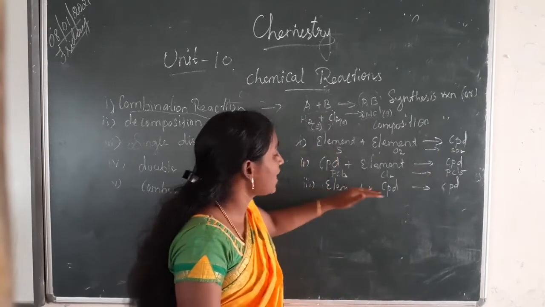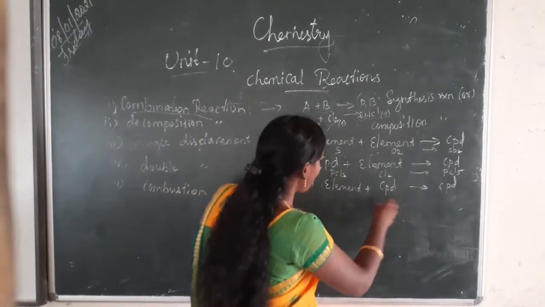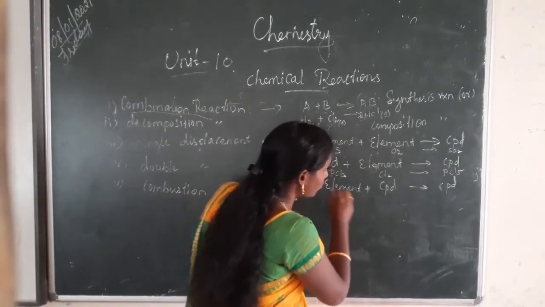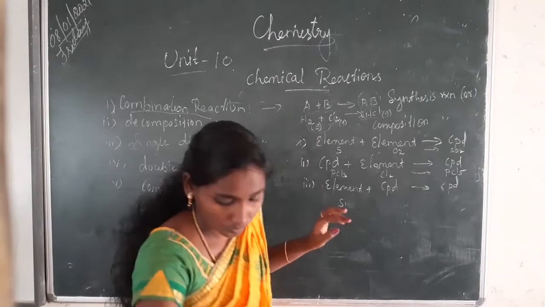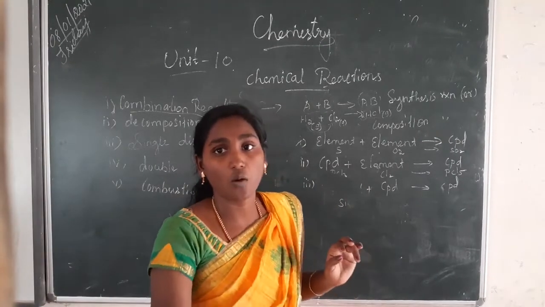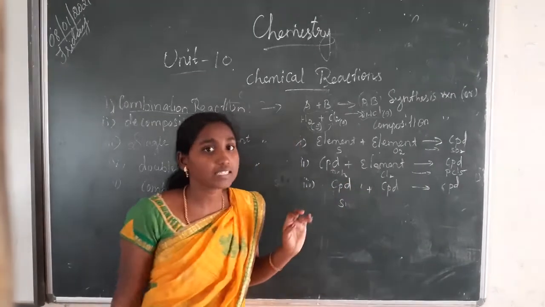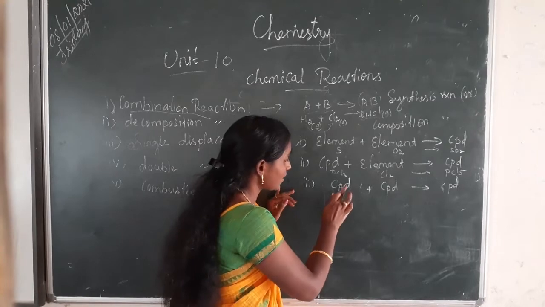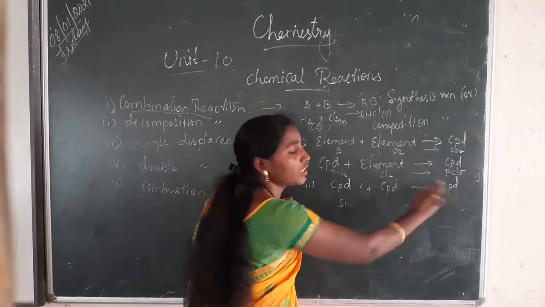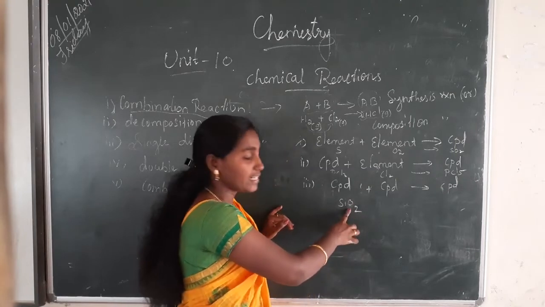The last one, SiO2. A small change is there. Not element plus compound, but compound plus compound. So these two compounds combine together to form a compound. SiO2 is silica, right?